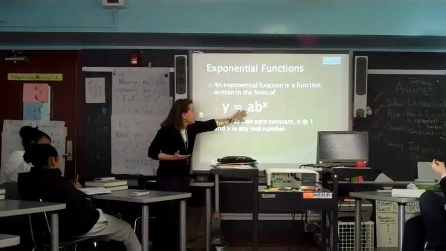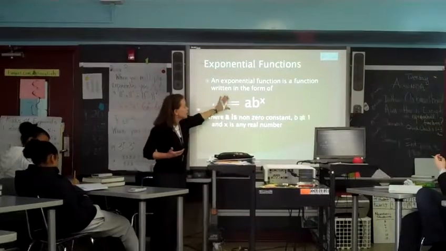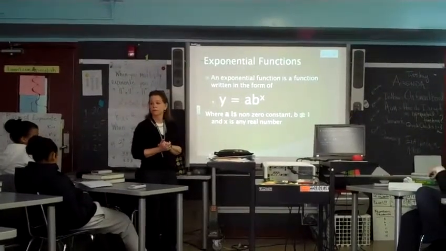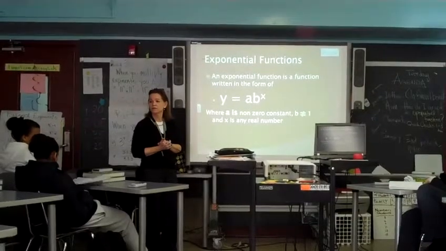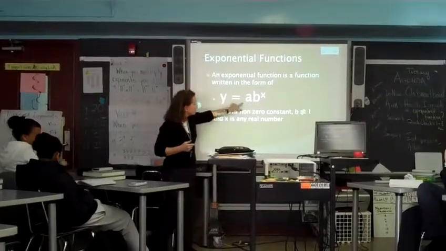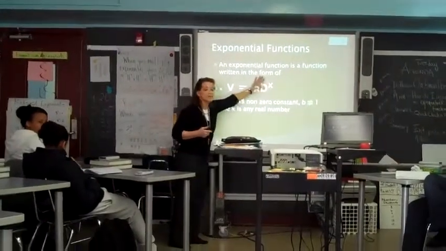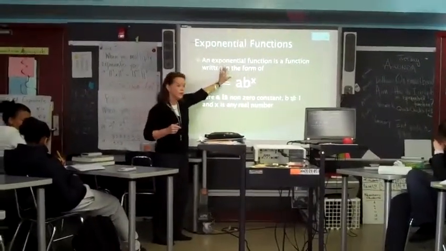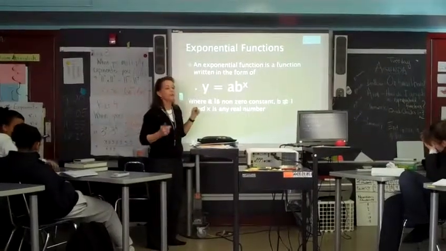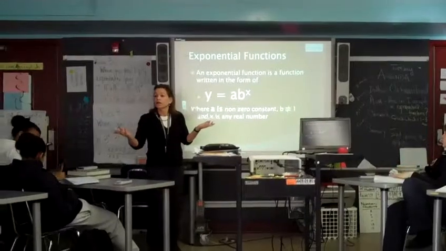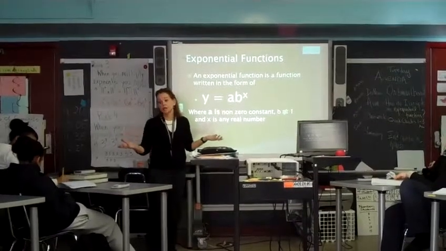What would happen in my formula here if a were equal to 0? What do you have, like, a line? Well, if a were equal to 0 and I multiplied 0 times b raised to the x power, what would happen? What happens when I multiply anything by 0? It'll be 0. It becomes 0.